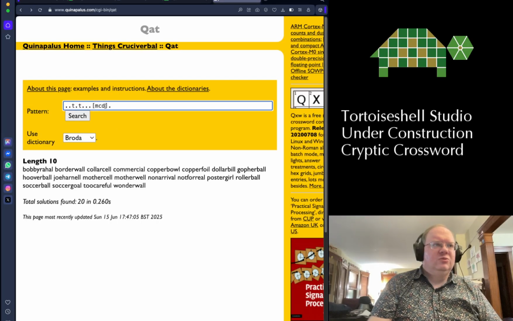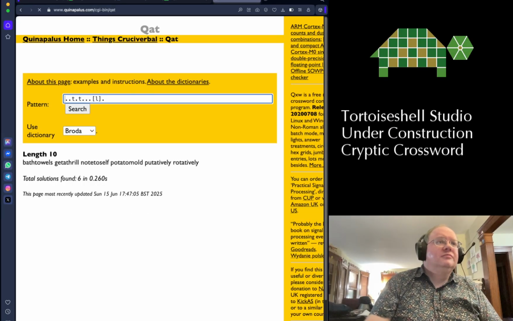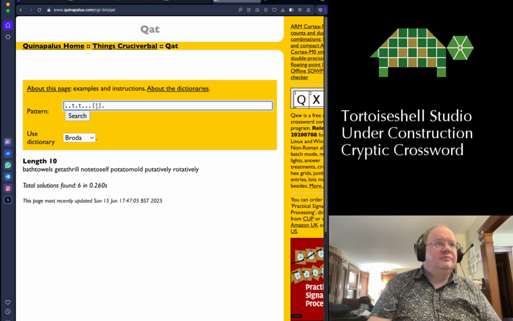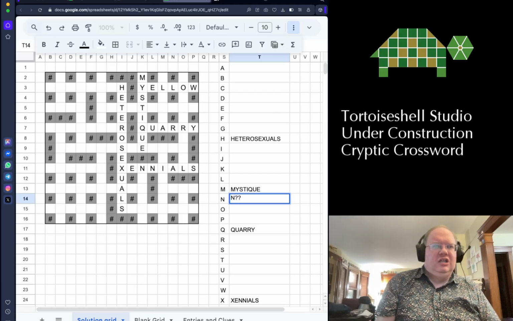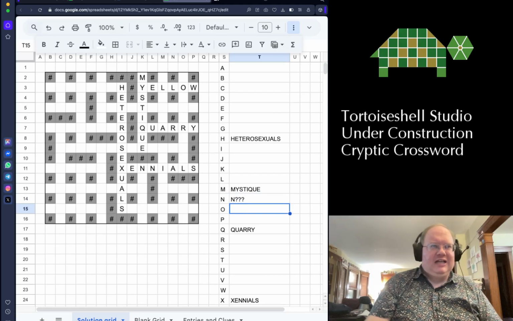So what if it were... I guess dollar bill is also good. Oh, do I already have something that's beginning with N? I'll mark it in because we have the N in place.